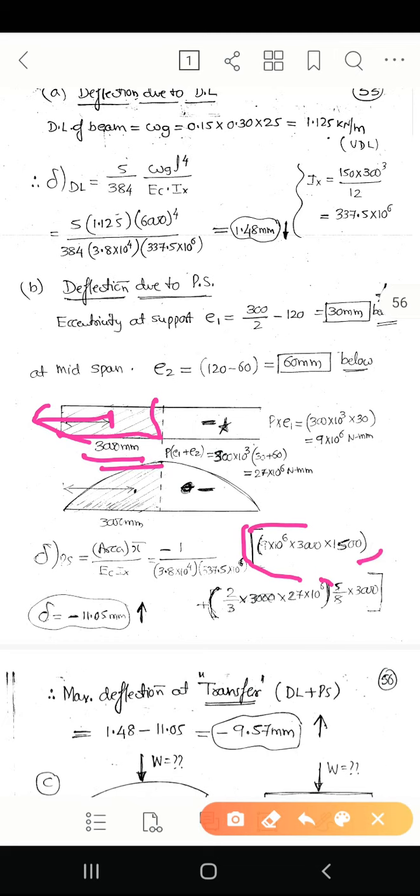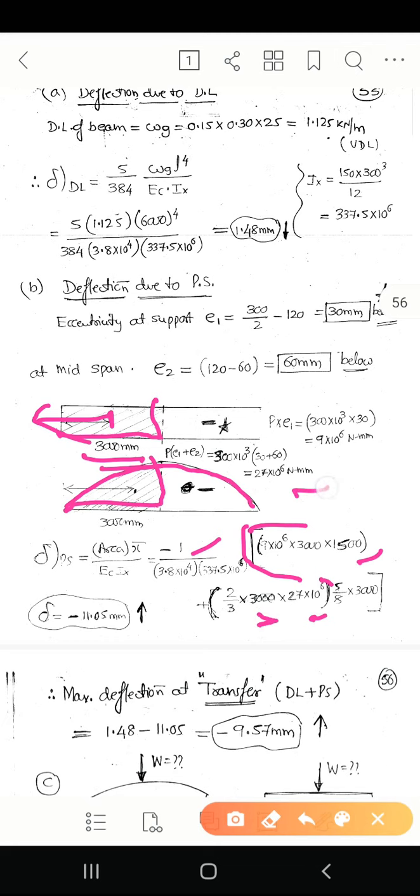Plus, so I am doing the plus because both are negative sign, that's why I have taken the negative outside. So I'll take plus the area of the parabolic, half parabolic portion. So that is 2 by 3 into base into height.